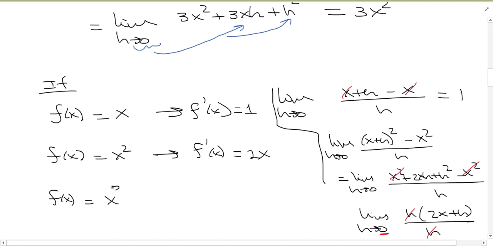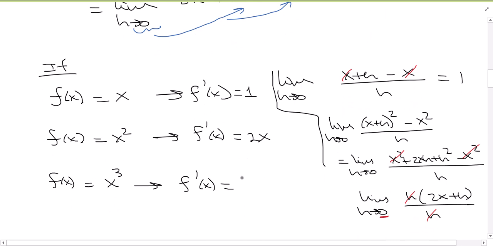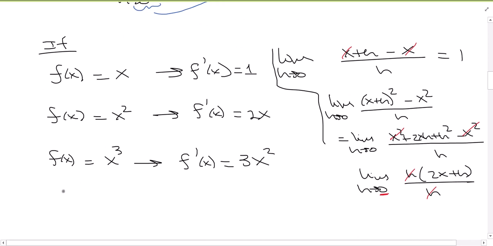Above, we did the derivative of x cubed. What did we get for the derivative of x cubed? We got 3x squared. So what do you notice? Can you guess then what's the derivative of x to the fourth? Without doing the math, without doing the definition of the derivative, what is it?